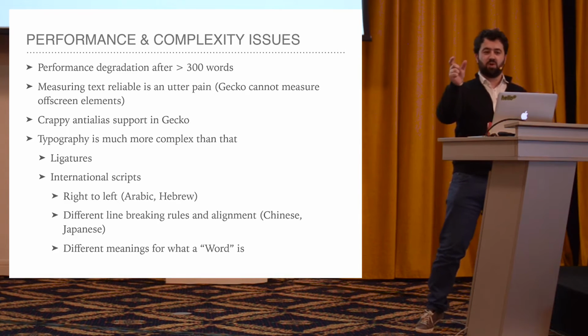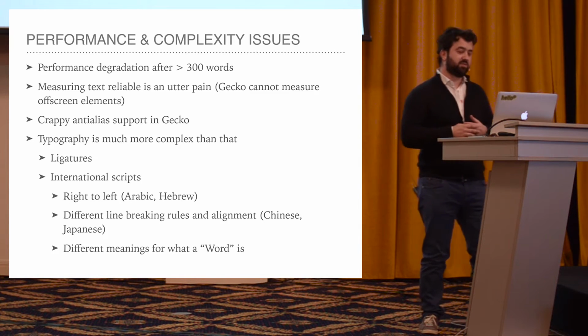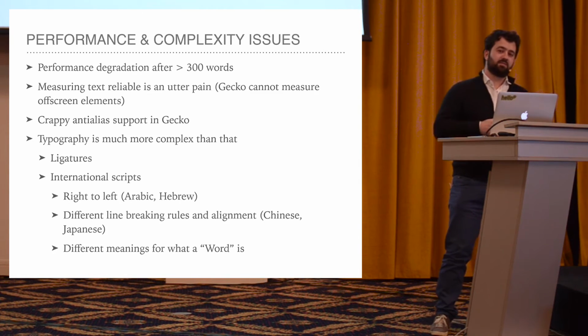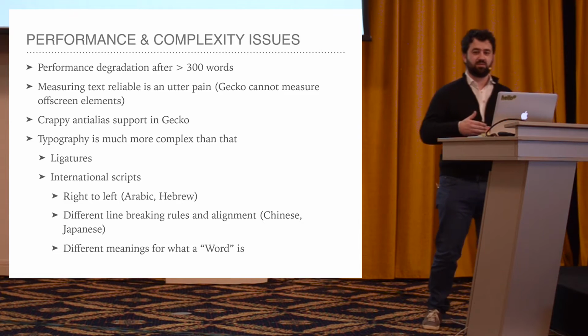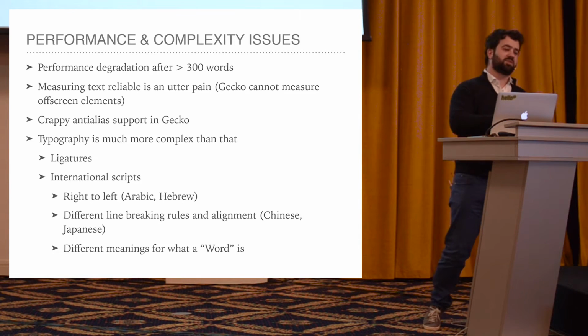Measuring how big a word is in terms of width and height turned out to be really difficult and unreliable, especially for Firefox, because Firefox cannot render stuff that didn't display on screen yet. So you'd have to display it, and displaying a DOM element means a performance hit.